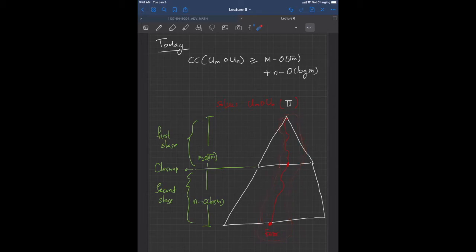But since we are studying this as the composition of two things, we divide the strategy into two stages. There's a first stage, which is the first m minus order square root m bits. This is where we suppose that they're trying to solve the universal relation on m bits, and then a second stage where they try to solve the universal relation on n bits.